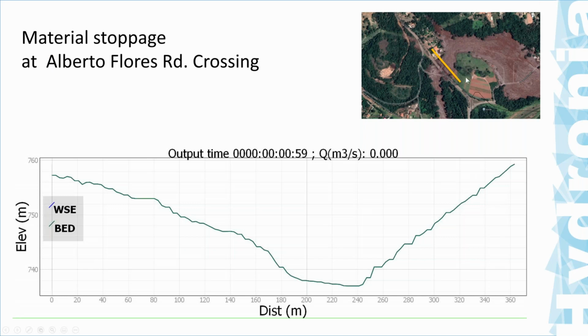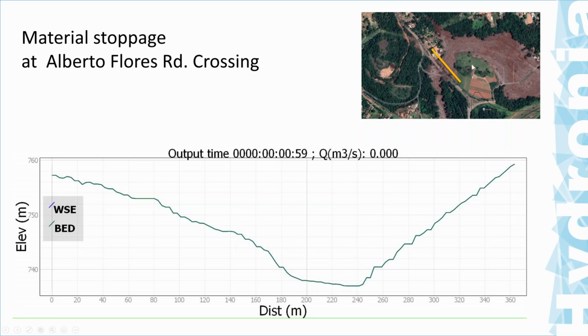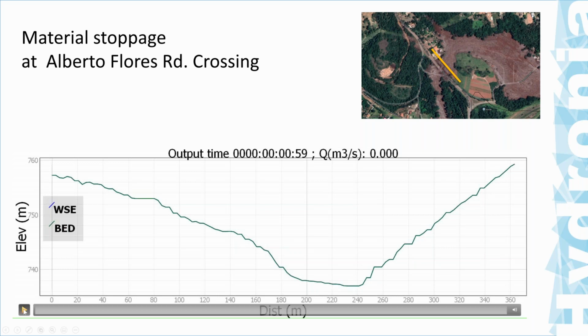Now, in the QGIS environment, we can extract a cross section in the flow, and this is the crossing of the Alberto Flores road here. And I want to show you what happens here. This is the initial cross section, so there is no flow.